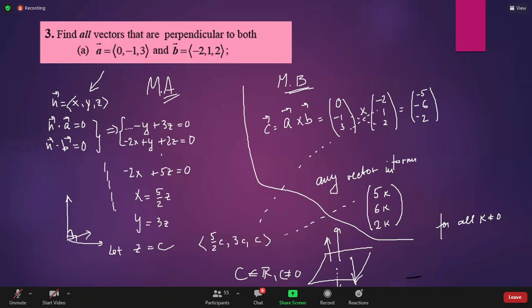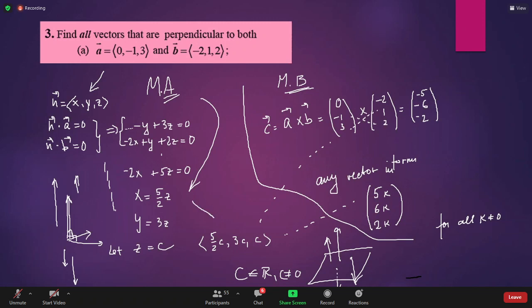We can multiply this one vector by any positive or negative number, and we would get vectors that are collinear to this one. That means they would also be perpendicular to the two given vectors. Therefore, in the Gauss method, or this variation of Gauss method, that's why we get this parameter C.